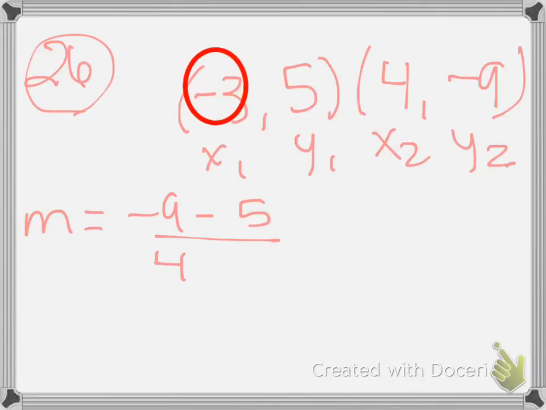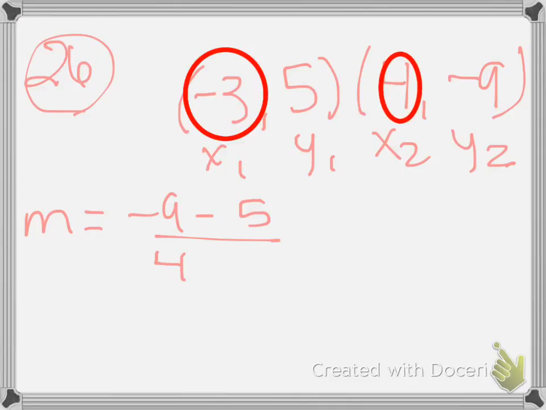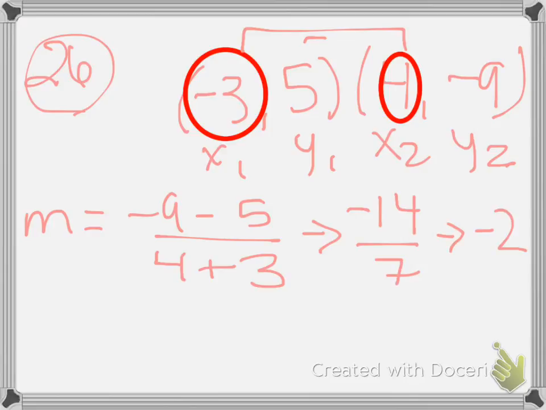Notice that right here. So we take 4 minus a -3, which means it turns to a positive. That's going to give you -14 over 7, which is -2.